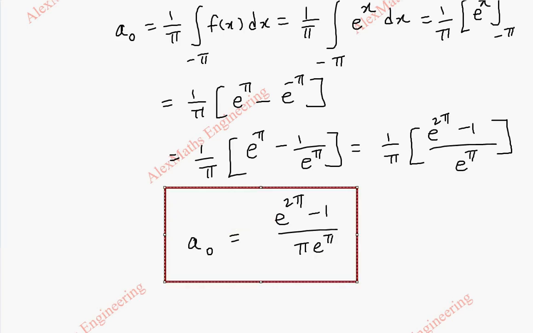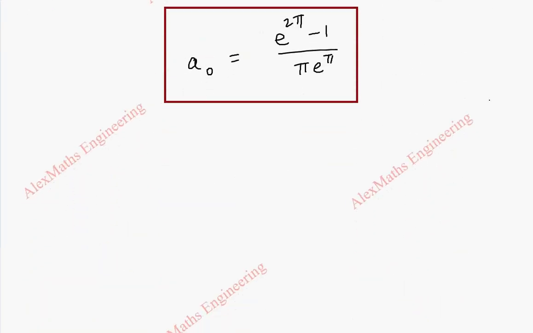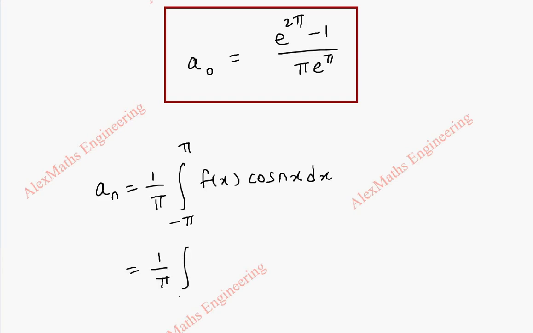In a similar way, we are going to find an. An equal to, by formula, 1 by pi integral minus pi to pi f of x into cos nx dx. We replace f of x, so it is e power x into cos nx dx.